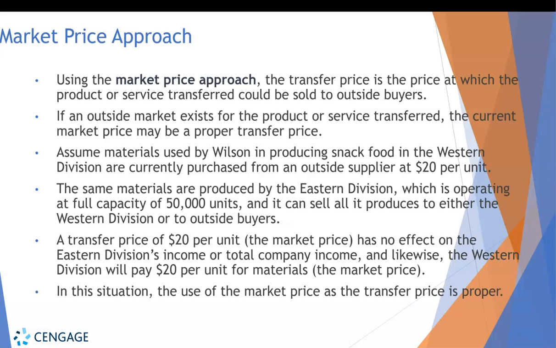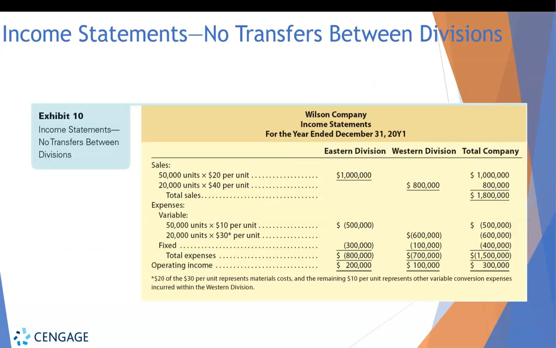So a transfer price of $20 per unit, which is the market price, is going to have no effect on the Eastern Division's income, or for that matter, the total company income. So Western Division will pay $20 per unit for materials, which is the market price. So in this situation, the use of the market price as the transfer price would be appropriate.